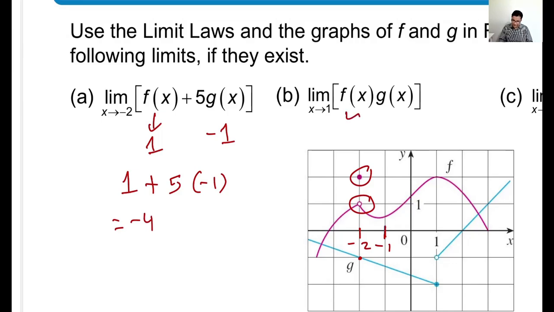Limit of f(x) times g(x) as x approaches 1. Let us look at the graph again. 1 is here. Now the limit of g(x) does not exist at this point, right?